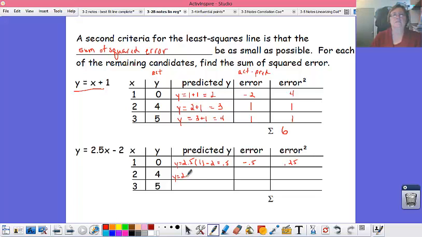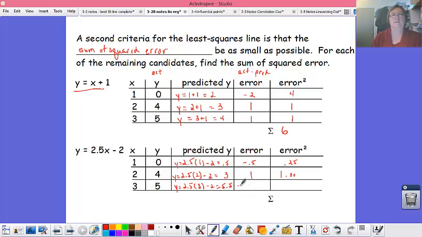Y is equal to, now 2.5 times 2, which is 5, 5 minus 2, which is 3, and the error there, 4 minus 3 is 1, 1 squared is 1. When we put an x of 3 in here, that is going to give us 7.5 minus 2, which is 5.5.